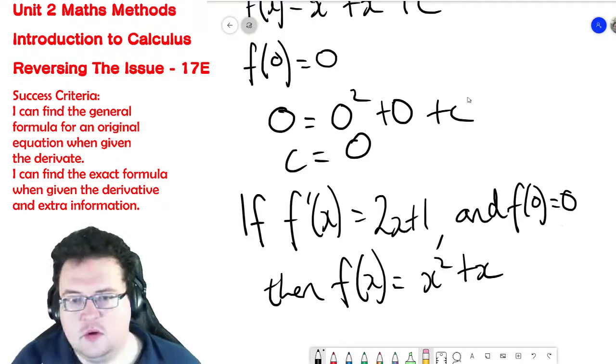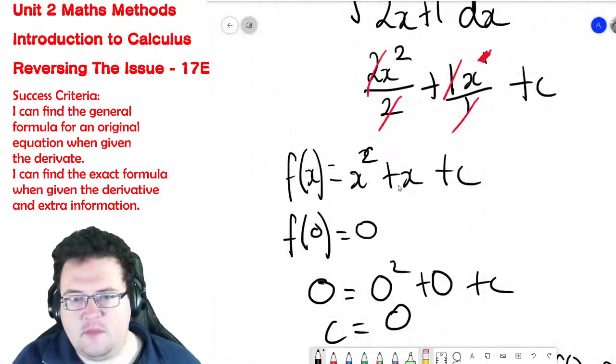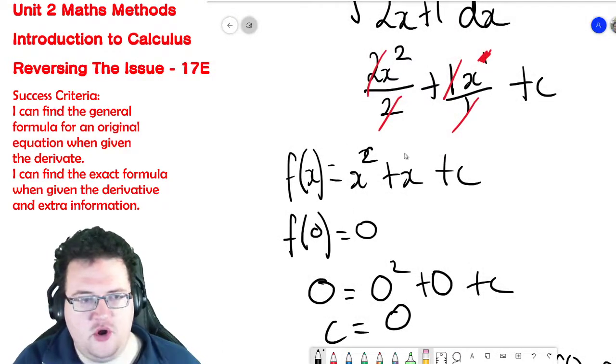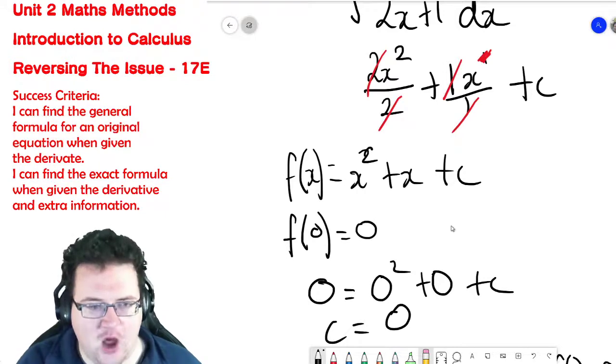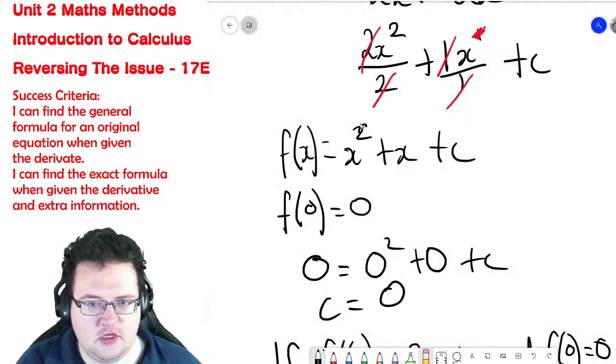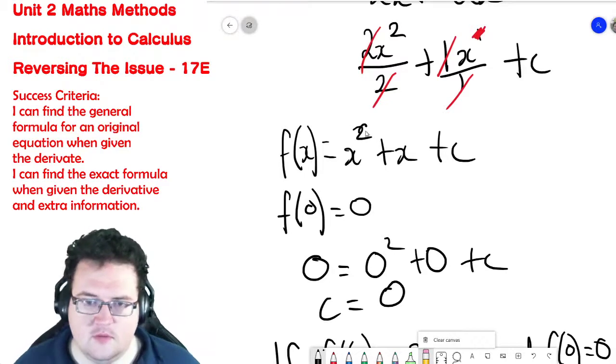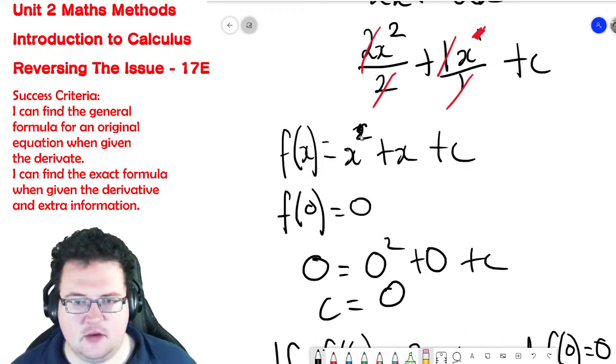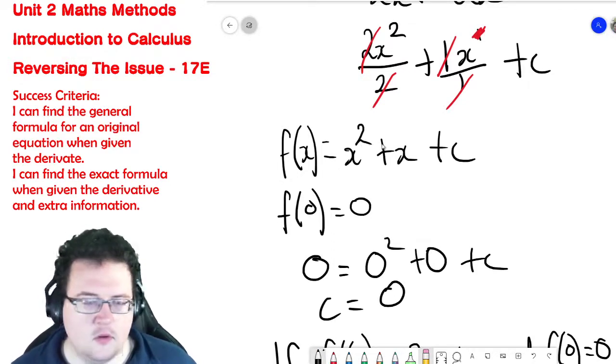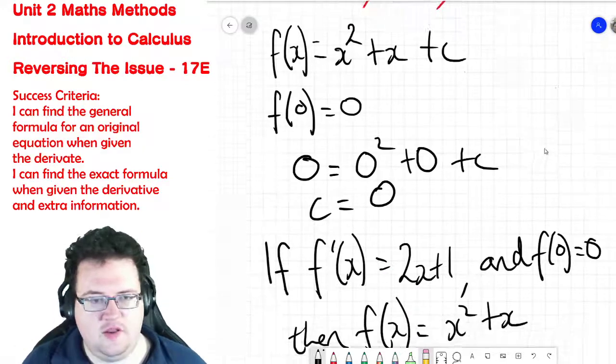So remember, we cannot merge these two together because this is an x squared and this is an x to the 1. You can only gather like terms that have the same powers in them. So x squared and x to the 1 are not the same, so I can't do anything with those.